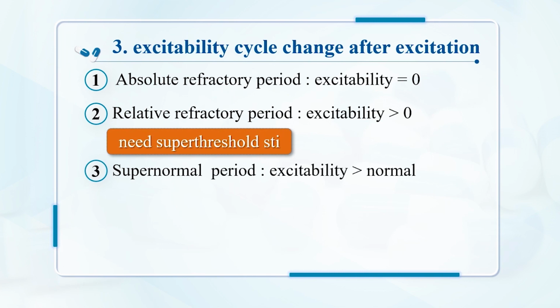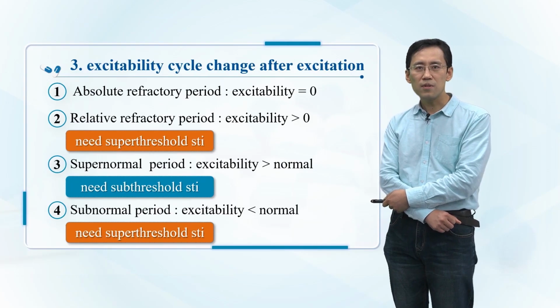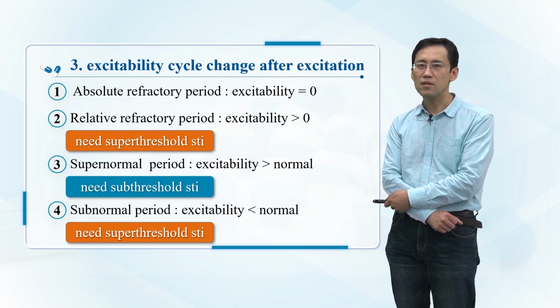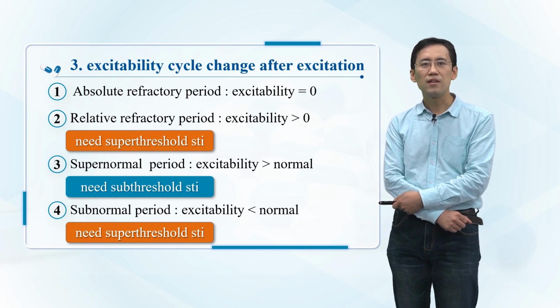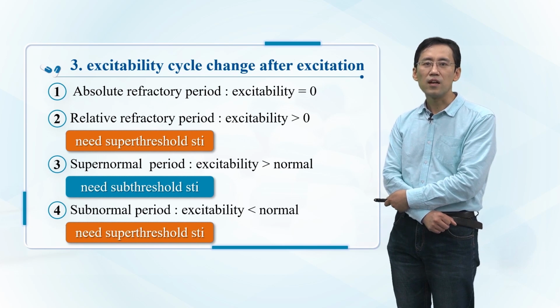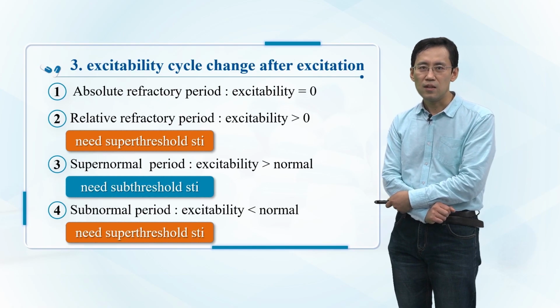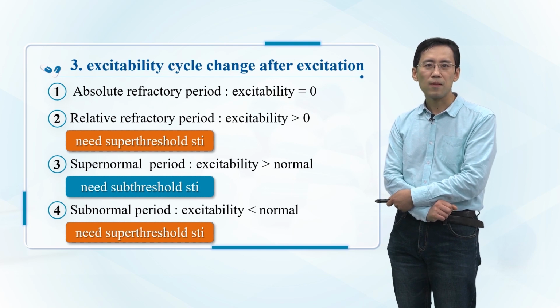Now let's move to the excitability cycle change after excitation. There is an absolutely refractory period, which means excitability equals 0, and a relative refractory period. The excitability is bigger than 0, but lower than the normal excitability. It needs a supra-threshold stimulus to cause the action potential.